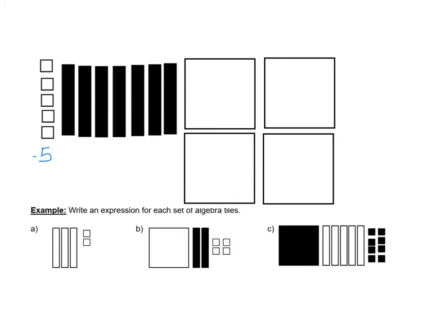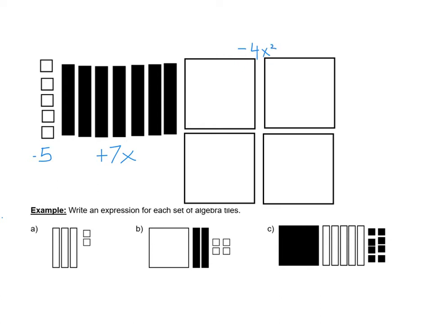They are positive, so I can write in plus 7x. And then on the right hand side here, I have 4 negative x square tiles. So I could write that in as negative 4x squared.